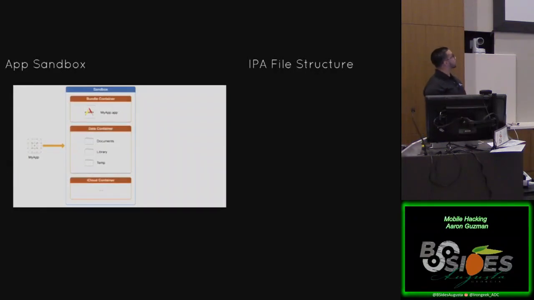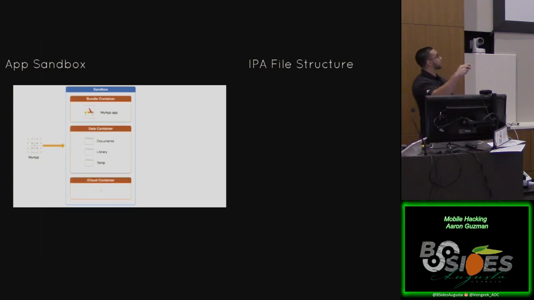So the sandbox within iOS, it doesn't look too great, but they have unique home directories, again, similar to Linux-based a little bit. And they have their own data container, which is totally separate from the bundle container. And then if the application has iCloud features enabled, you also have another container for that.